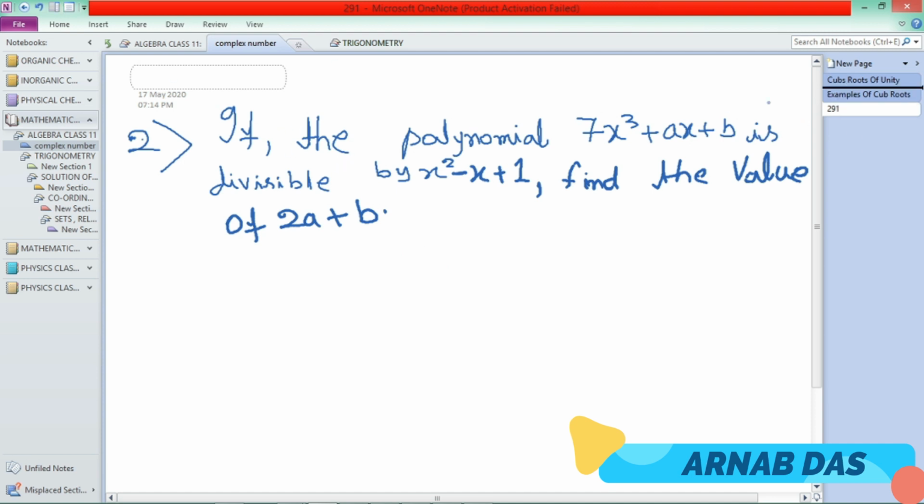If the polynomial 7x cube plus ax plus b is divisible by x square minus x minus 1, find the value of 2a plus b.